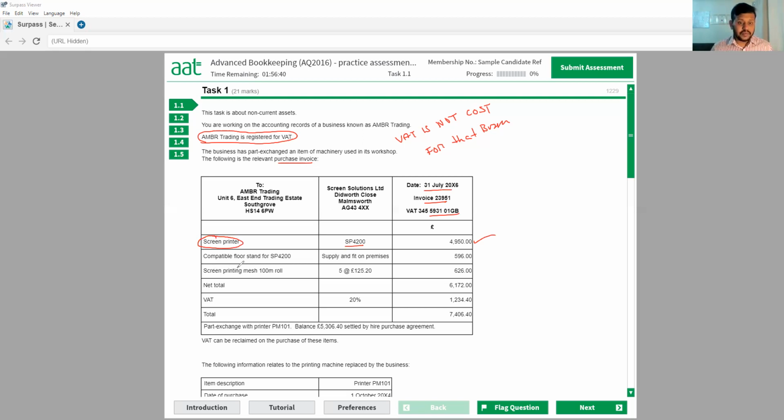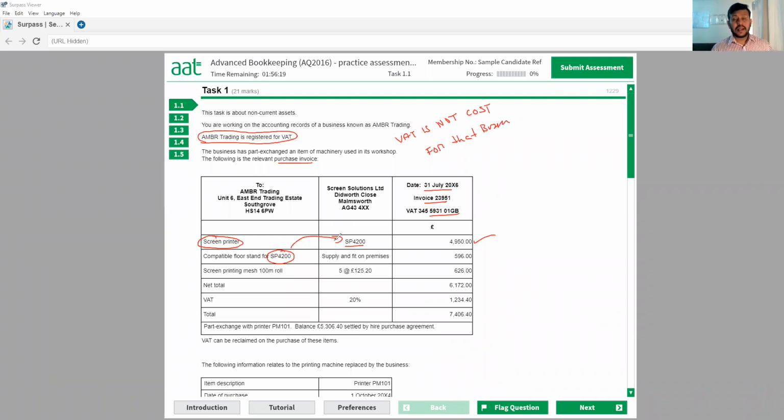Then a compatible floor stand for SP200. So SP200 means this is for this printer. If you buy the printer, anything needed to make the product usable is part of that product, and you can add it as part of the cost.